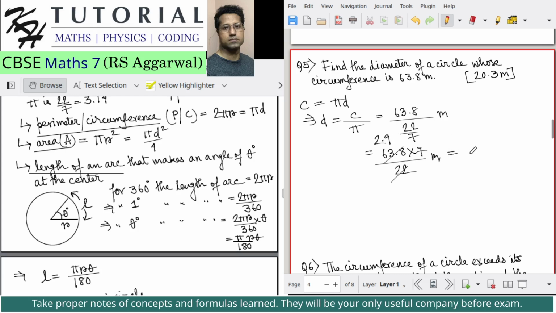So this is equal to 2.9 multiplied by 7, which is 20.3. So 20.3 meter is the diameter of the circle. Okay. Let's see the next problem.